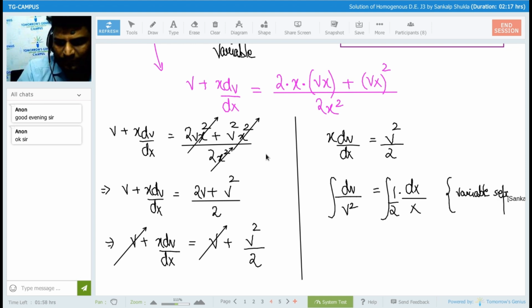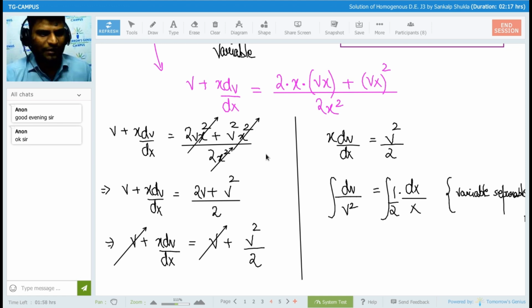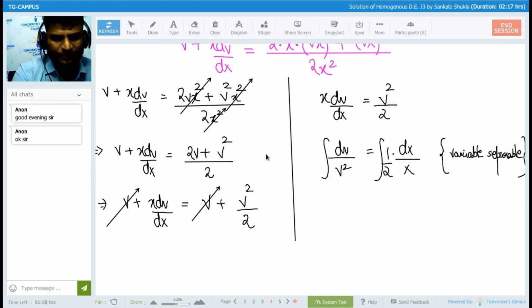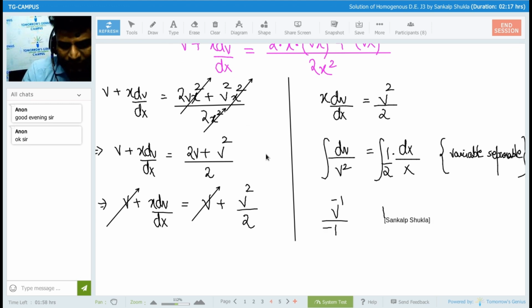From this part we can apply variable separable, because a homogeneous equation is now reducible to variable separable, right? So what is the integration of dv upon v square? This is v raised to power minus 2. Minus 2 plus 1 is v raised to power minus 1 upon minus 1. And 1 by 2 will be constant, dx by x is log x.